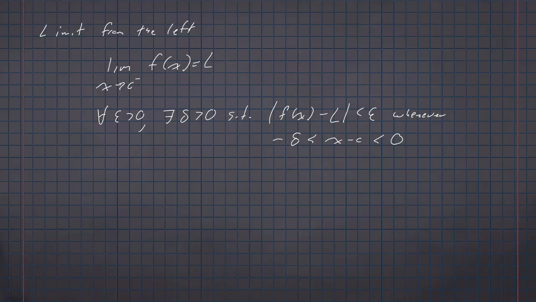So this is 0 less than the absolute value of x minus c is less than delta, and also x is smaller than c.